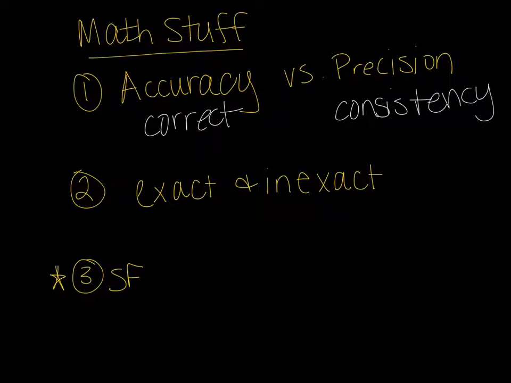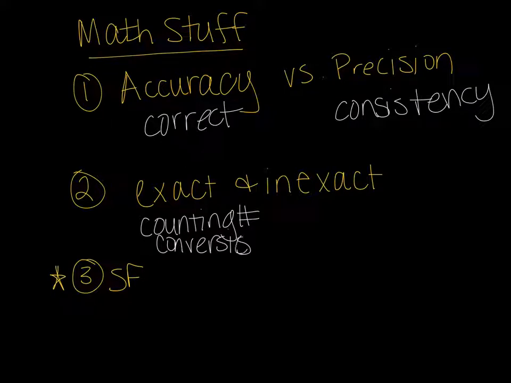So an exact number is a counting number, and it is a conversion in the same system, so metric system to metric or American to American. Inexact is going to be conversions among other systems, and these are going to be measuring kind of numbers.